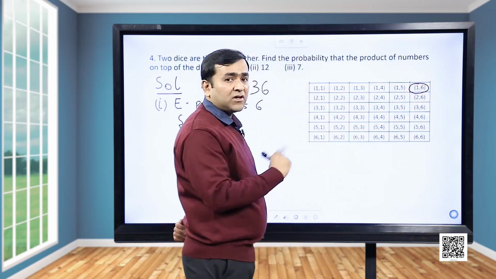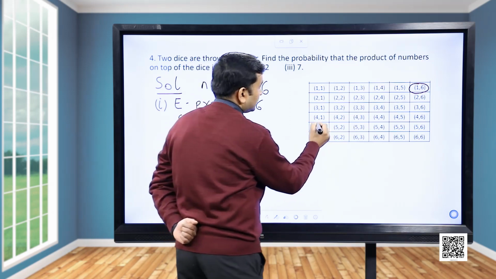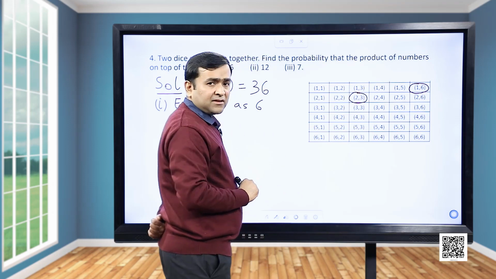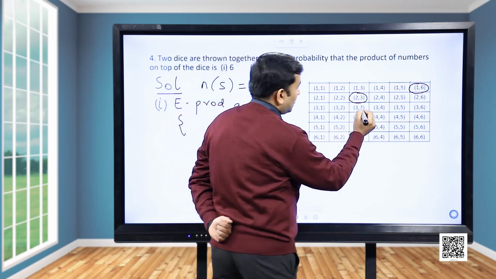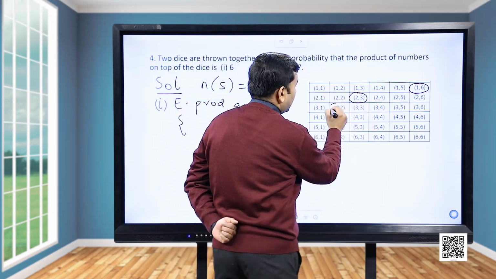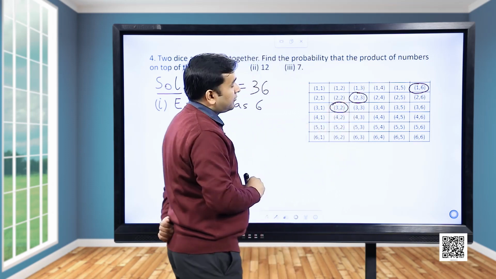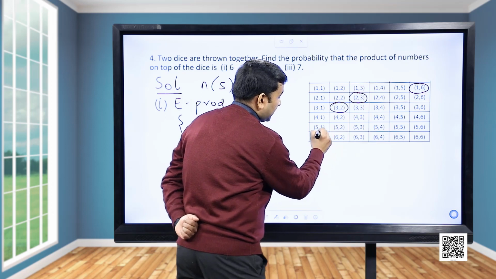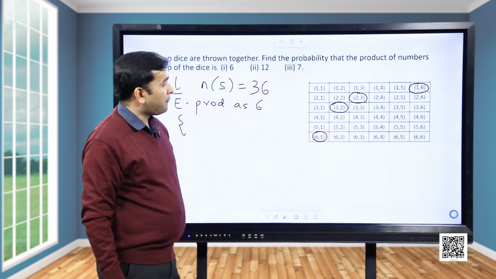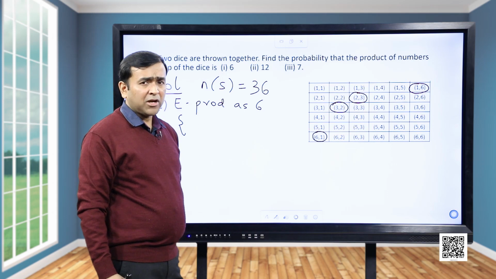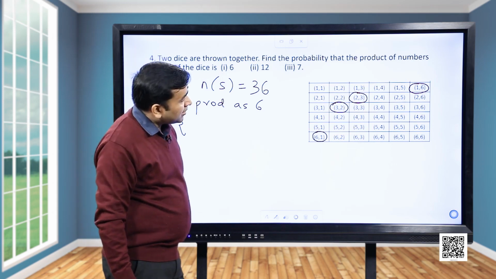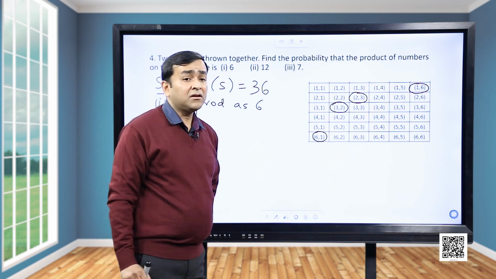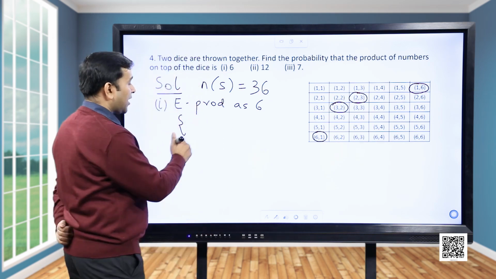Because 1 into 6 is 6. Then the other one would be 2 3s are 6. Next it would be 3 2s are 6. And last it would be 6 1s are 6. Can we find any other favorable outcome? Let us see in the table. No. So these are our favorable outcomes. Let us write these.